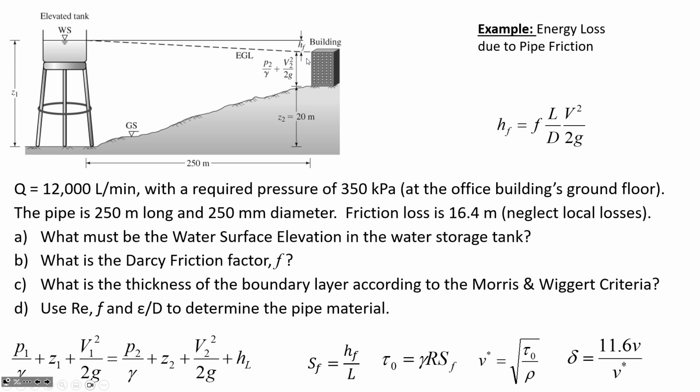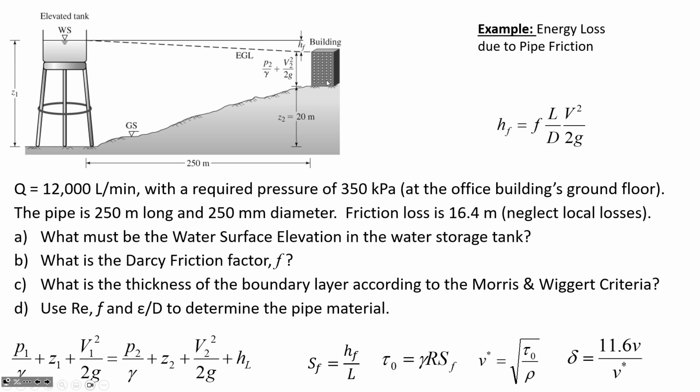The velocity of the water flowing through the pipe we'll neglect. If we wanted to be super precise, then we could include the velocity through the pipe. And I guess, I don't know, let's go for it. Let's do that, just to show you what I mean. We know that the flow through the pipe, it says in the problem statement, is 12,000 liters per minute.